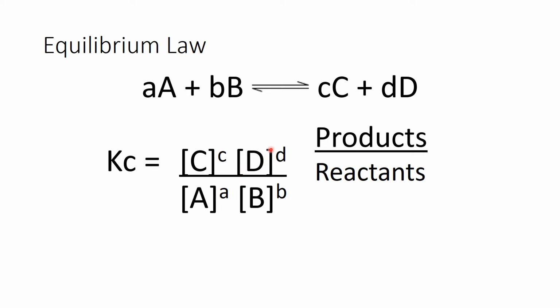And you've got the concentration of D to the power d, divided by the concentration of A to the power a, and the concentration of B to the power b. This is a generalised way of remembering Kc for this general reaction. It's the concentration of the products raised to the power of the number of moles, divided by the concentration of the reactants raised to the power of the number of moles for each reactant.